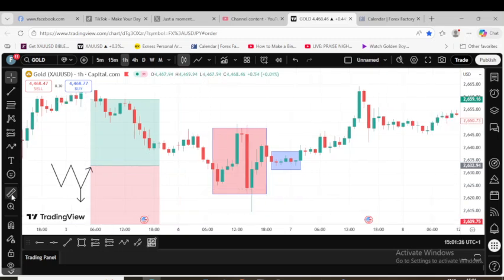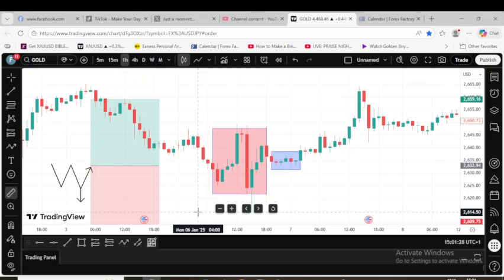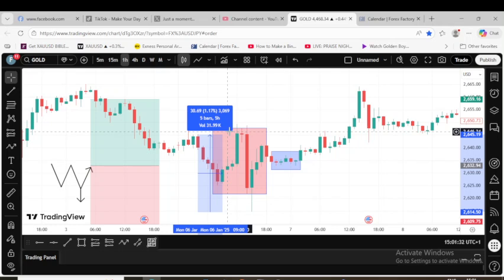So measuring from the base here, you can see that this W is about 30 points wide. Price doesn't even get up to 30 points before reversing. So we can see that this W is actually a loser.